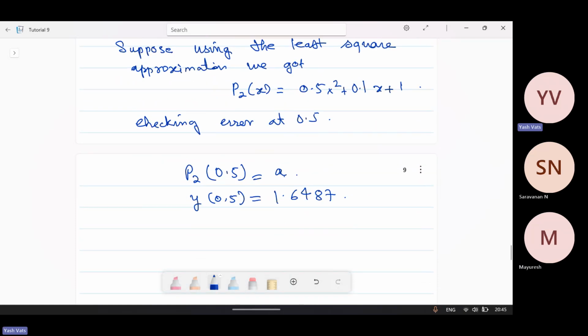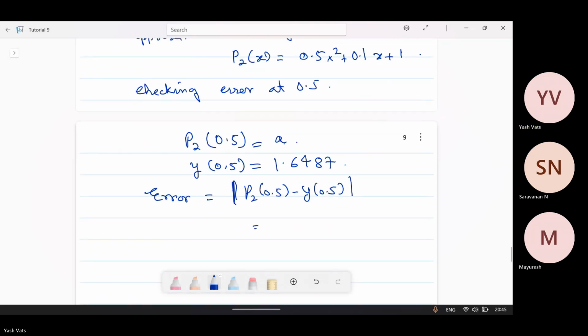So what is the error? p2(0.5) minus y(0.5). You know a, you know everything. Clear?